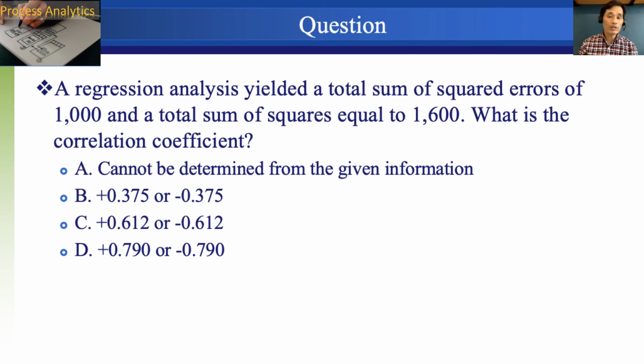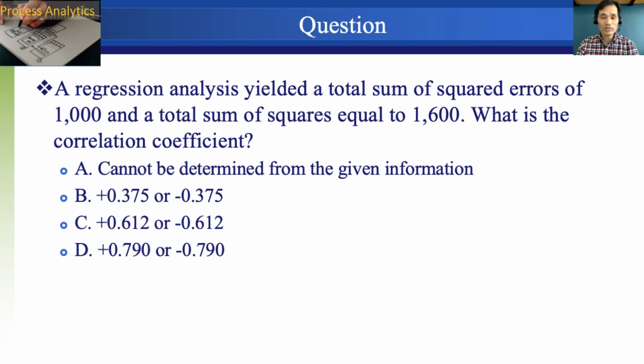Remember that R square is SST minus SSE over SST, and this is given here as 1600 is total sum of squares, and minus sum of squares of errors is 1000. So 1600 minus 1000 is 600, and you divide it by the total sum of squares, which is 1600. Therefore, 600 divided by 1600 is 0.375.